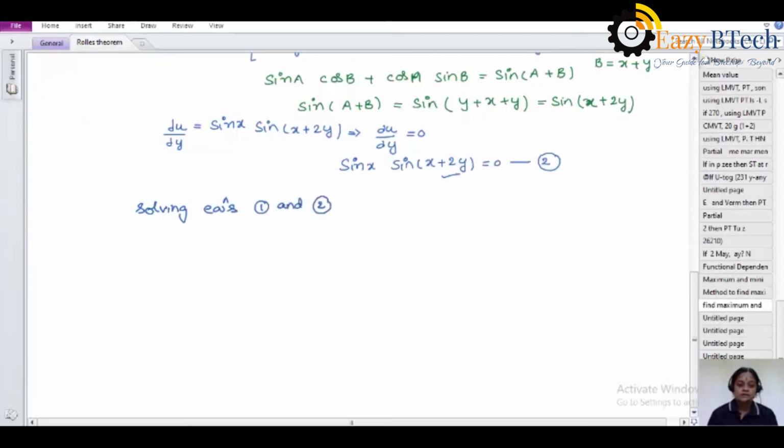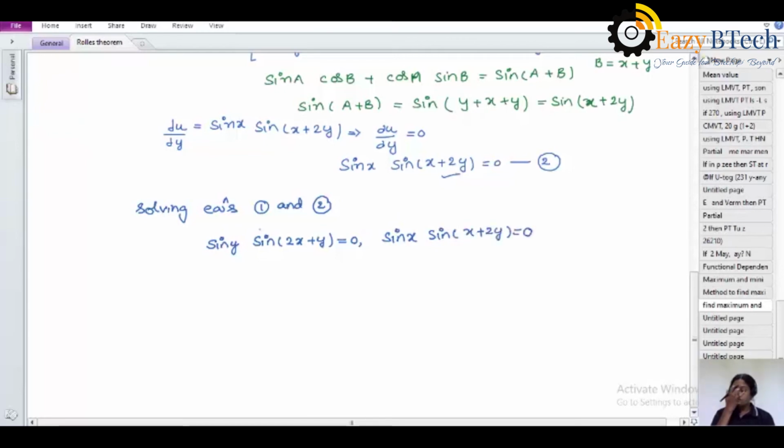Equation 1 is sin y into sin(2x+y) is equal to 0, and equation 2 is sin x into sin(x+2y) is equal to 0.